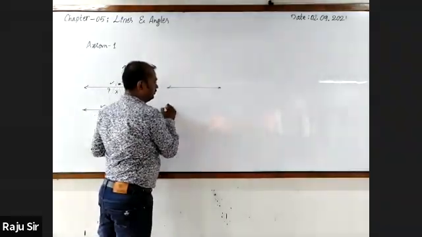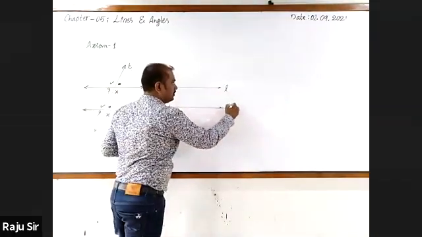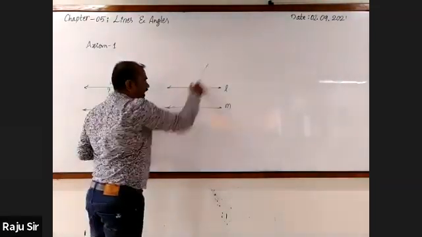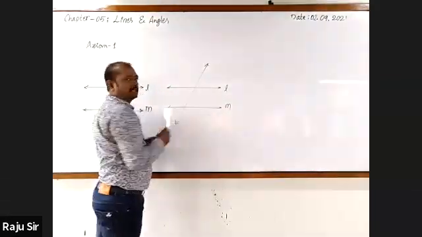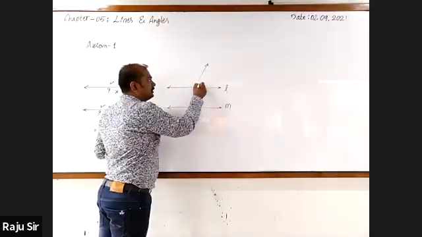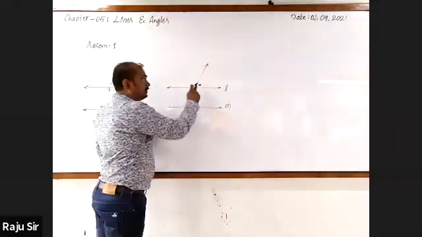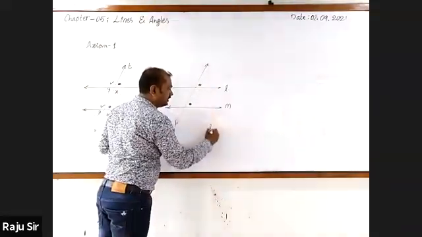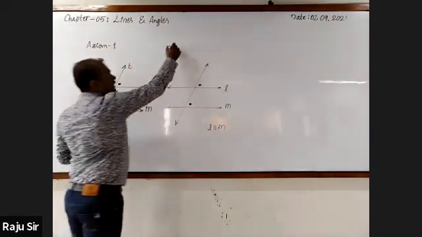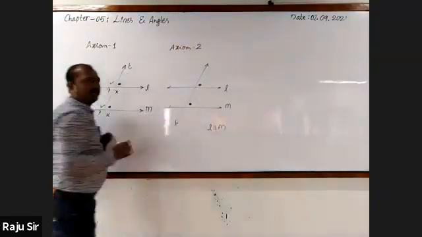Second one, just observe it. Here, I take two lines. A transversal intersects two lines at distinct points. Then, each pair of corresponding angles are equal. Hence, you can say that L is parallel to M. This is the second axiom related to corresponding angles.